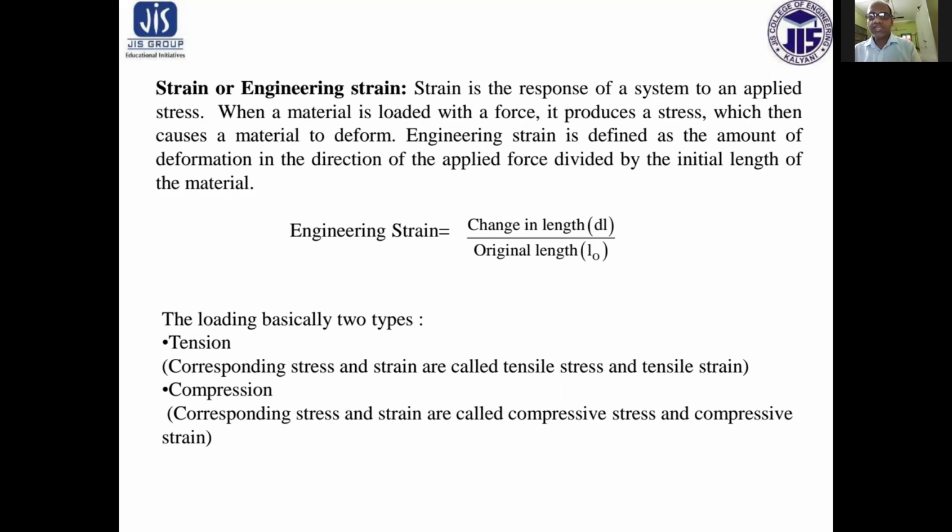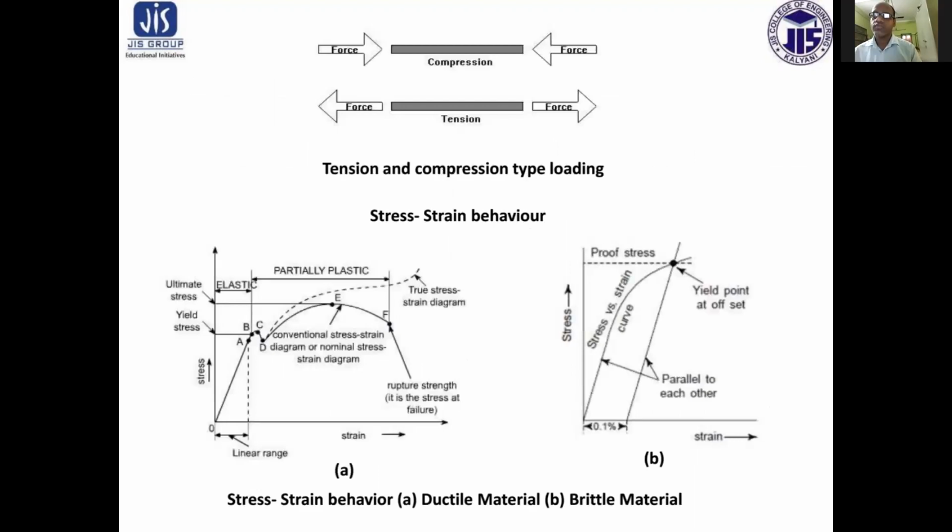The loading is basically of two types. Here, in tension, the corresponding stress and strain are called tensile stress and tensile strain. In compression, the corresponding stress and strain are called compressive stress and compressive strain. As the schematic diagram shows, on a bar, two equal and opposite forces push on the bar, so the bar tends to shorten its height and increase its diameter.